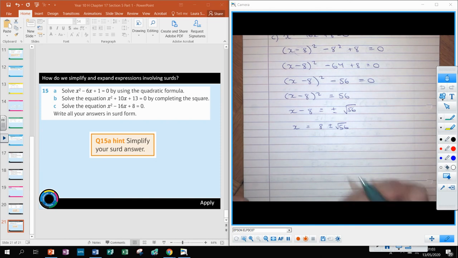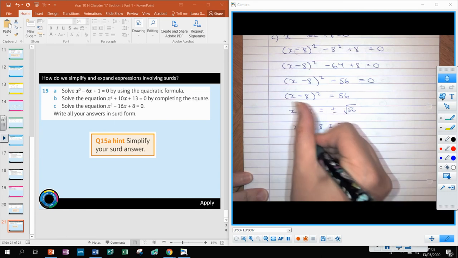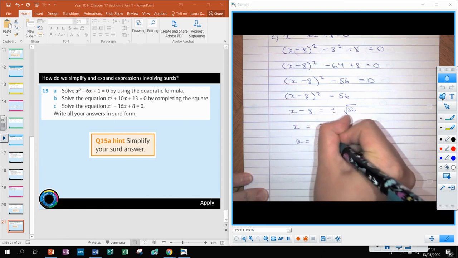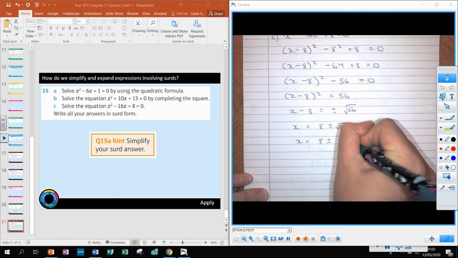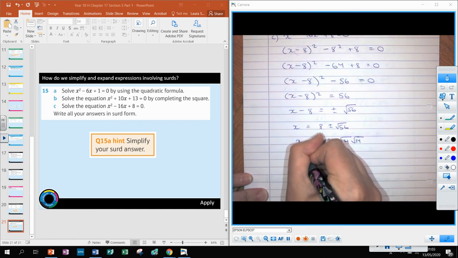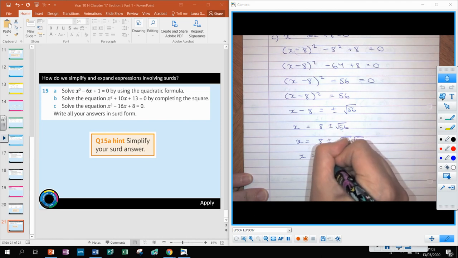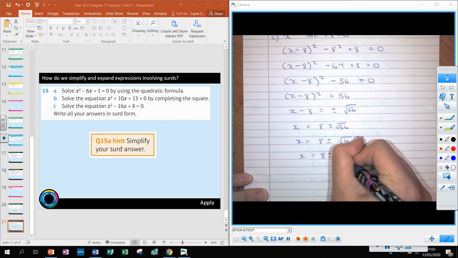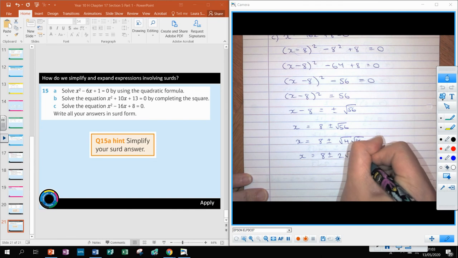Yeah, that would work. So let's do that. So we're going to have x is equal to 8 plus or minus root 4 root 14. And then x is equal to 8 plus or minus, simplify that to 2 root 14.